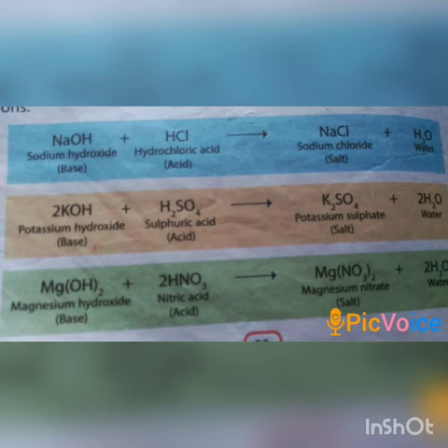The third one is magnesium hydroxide reacts with nitric acid and the products are magnesium nitrate and water. In all these reactions, a base reacts with an acid to form salt and water. All these are examples of neutralization reaction.